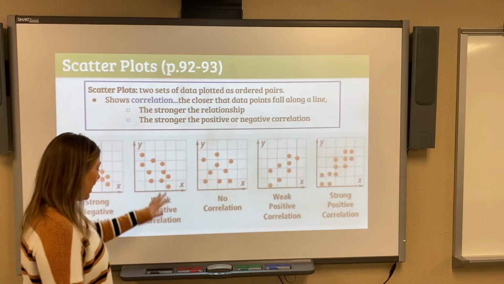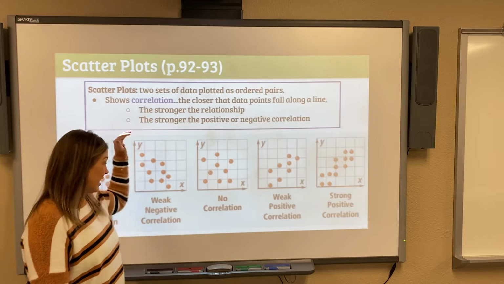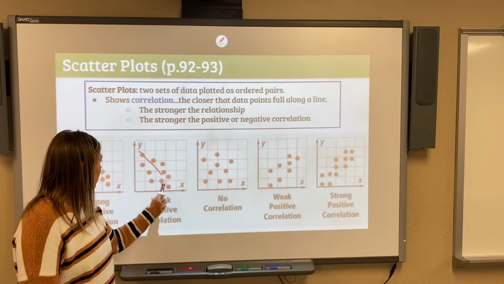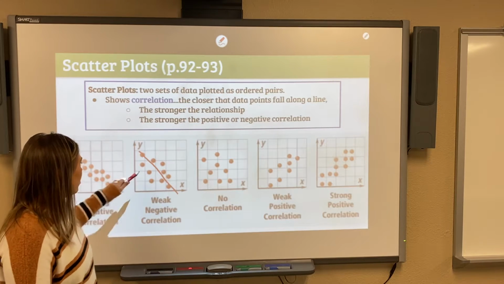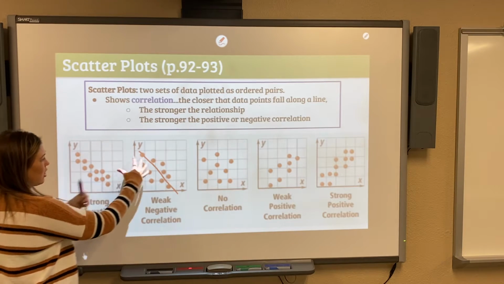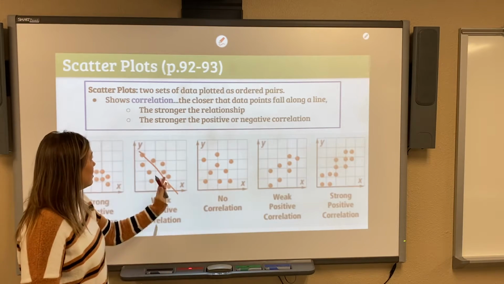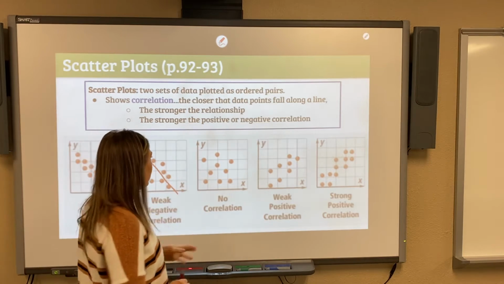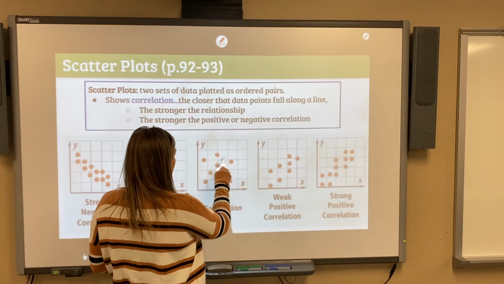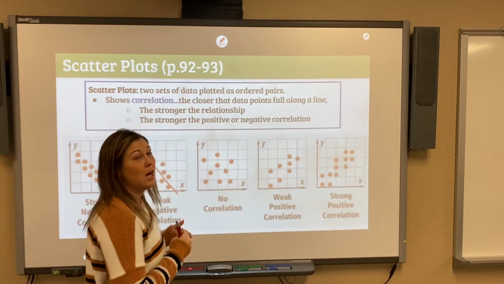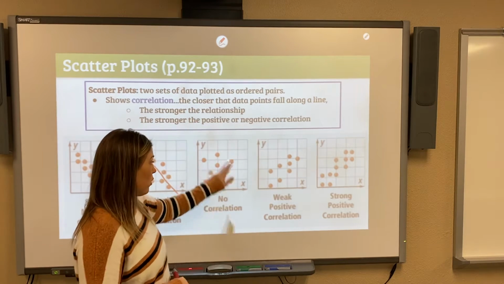For a weak negative correlation, it still has a negative correlation if we did our line of best fit, but it's just kind of weaker. These are tight and these are more spread out, but it's still, as x increases, our y values decrease. And if the scatter plot is all over the place, there is no correlation between x and y.